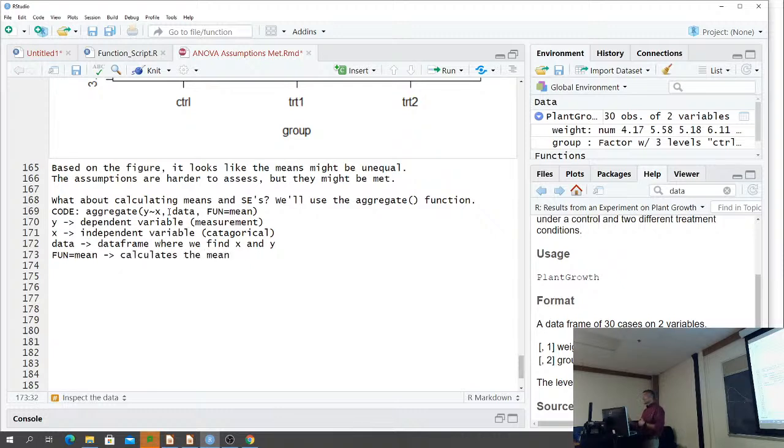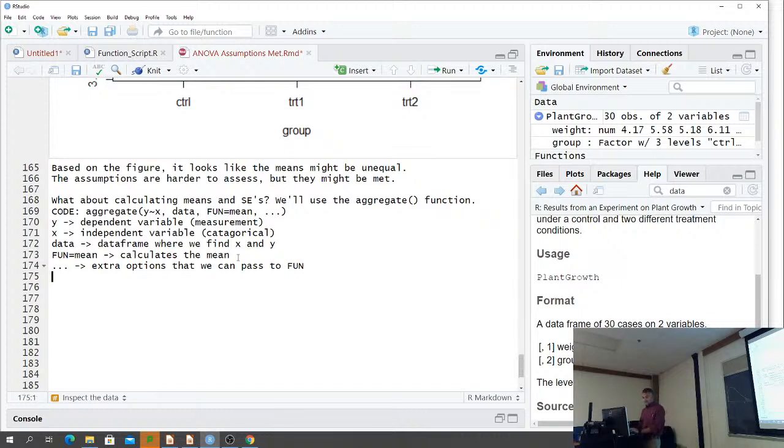And we can pass additional things to it. So like the mean function has na.rm, we can pass that in this function. I can add this dot dot dot, just like the R help files do, and specify that this dot dot dot is extra options that we can pass to the function, to FUN. And FUN is capitalized.